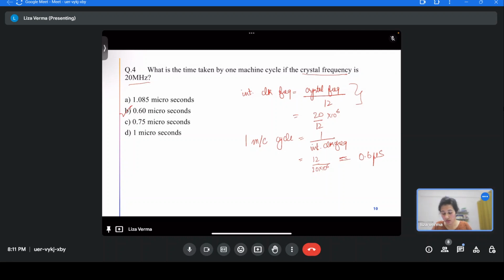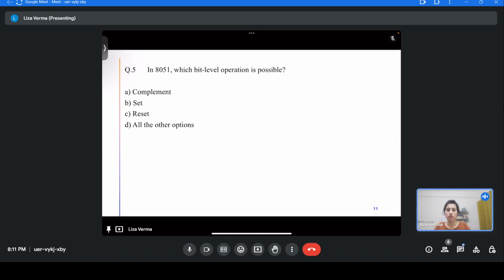Next is, in 8051, which bit level operation is possible? Which are the possible bit operations in 8051? Can you complement a bit? Yes. You have the whole bit addressable memory and some of the bit addressable SFRs also.